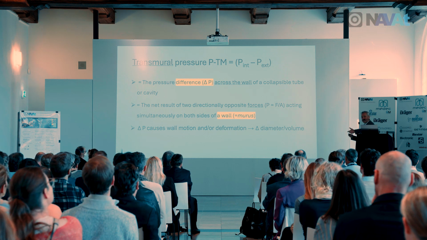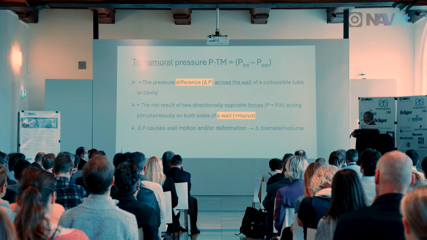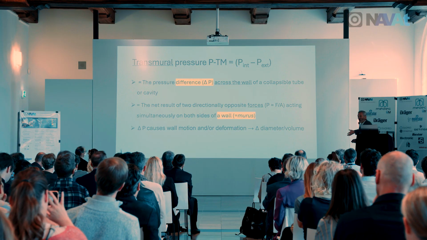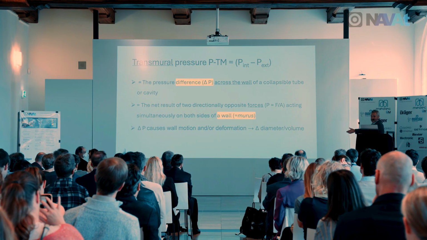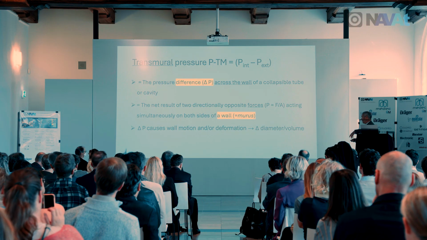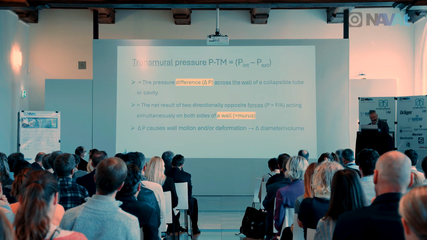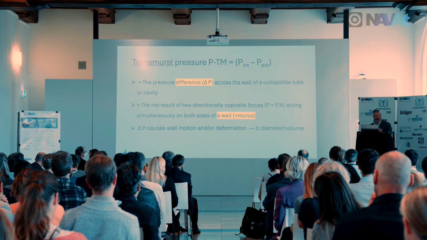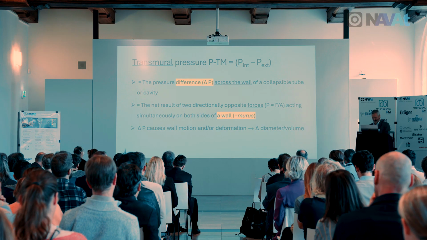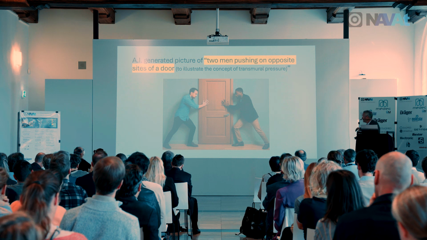If we discuss the same area, then it has the same physiological meaning, simultaneously on both sides of a wall, in Latin murus, hence transmural pressure difference. It causes wall motion and deformation. It changes the diameter when it comes to vessels, and it affects volume when it comes to chambers. That's basic physiology, almost high school physiology.